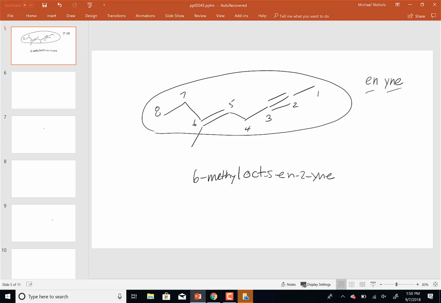For the other ones, the things at the top of the list are the things we need to give the low number, and they're the names that come at the end of the name. So at the top of the list is carboxylic acid. A carboxylic acid gets number 1 priority, gets the number 1 number, and then it comes last, so it's an oic acid.